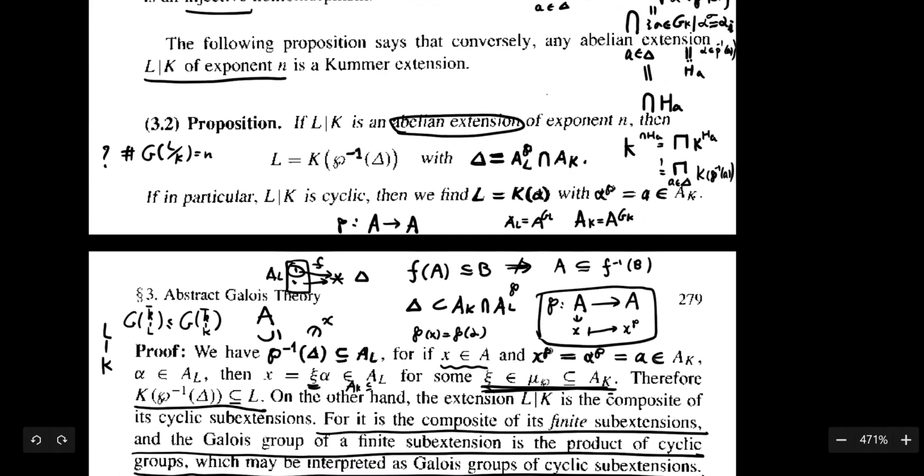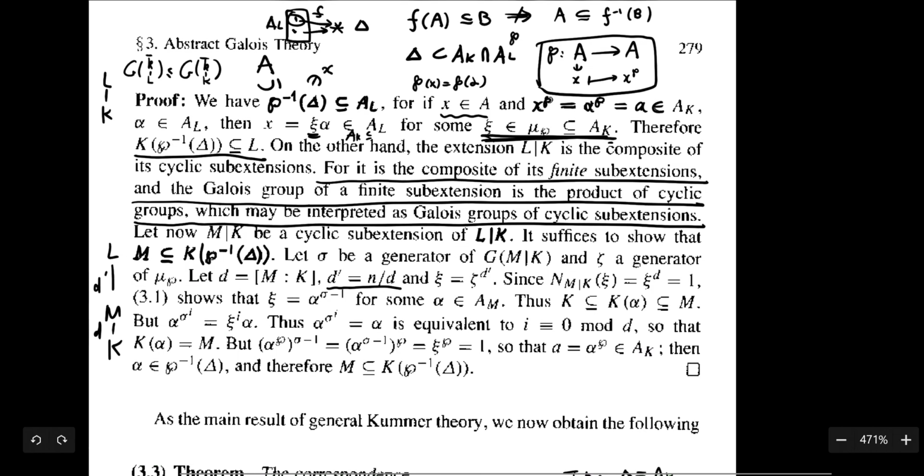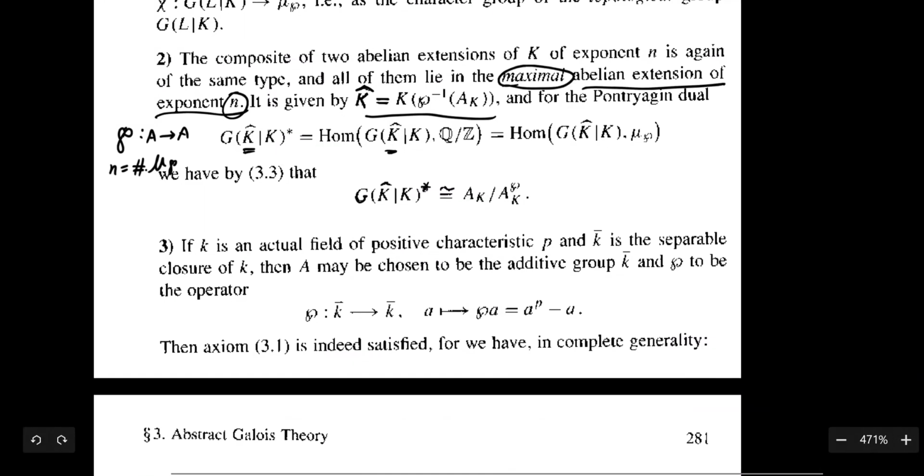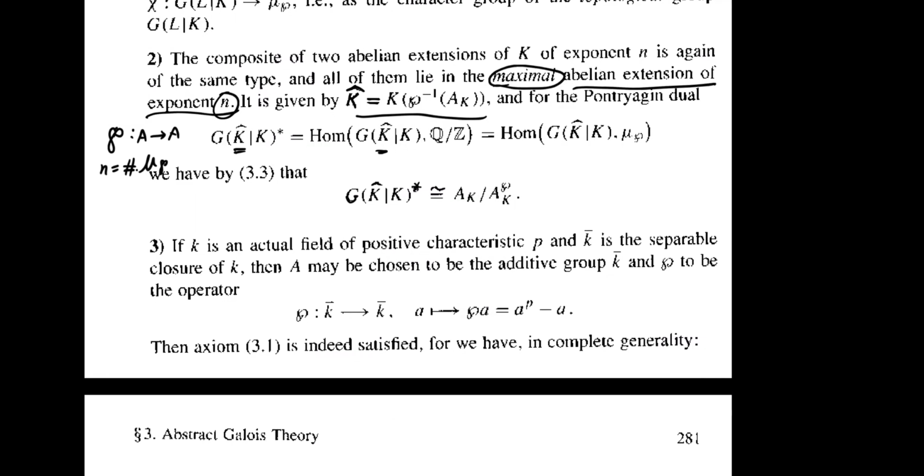Yes. So it should have nothing to do with the dimension, maybe, just the cardinality of P, maybe. And we don't have this result. We have the abelian group of the maximum abelian extension. So it's going this way.